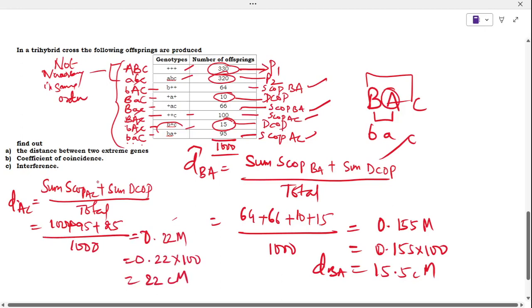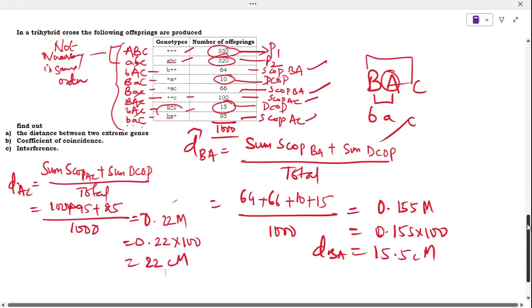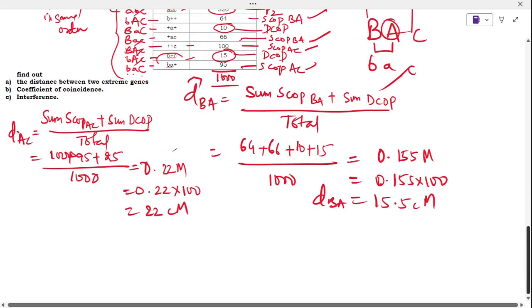So next we will move on to calculating the distance between extreme genes. We already know the combination BAC will be the combination. First, distance between BC is equal to distance between BA plus distance between AC. So here distance between BA is calculated. You can mention that in centimorgan. All of the things should be in centimorgan.